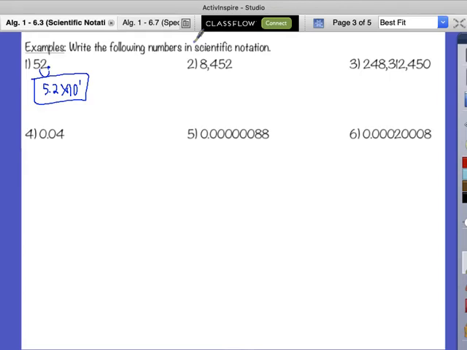This one's different. This one's harder. Same idea, even though this has that little comma, that doesn't mean anything. We still put the decimal right there. And we just want to go for one number, where there's only one number in front of the decimal. Oh, okay. It's easy. I got you. Oh, no, it's 2.